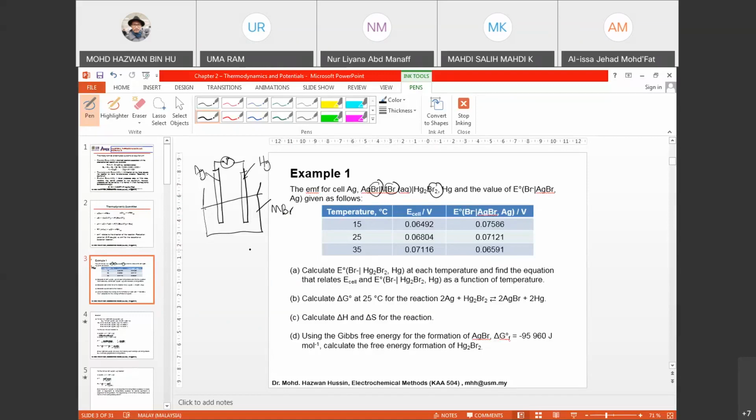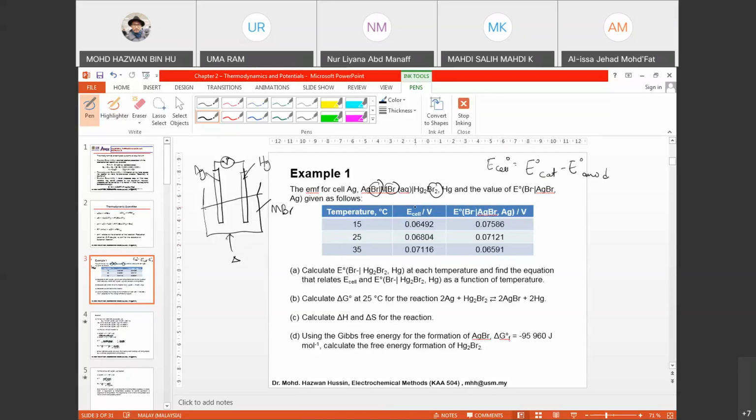So what happened over here is that there's heat applied. It is being heated, and at different temperatures, 15, 25, and 35, it will give different E cell. This is actually the overall cell because we know that E cell in standard condition is equal to E naught cathode minus E naught anode.